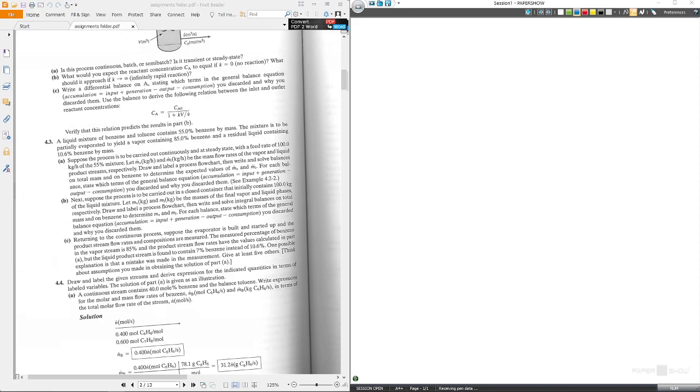In this case it's actually fairly simple. We're told that we have a mixture of benzene and toluene that enters an evaporator, and we get a stream of vapor and a residual liquid. So how would you draw that? We have a stream into a reactor, and we have a top stream and a bottom stream.